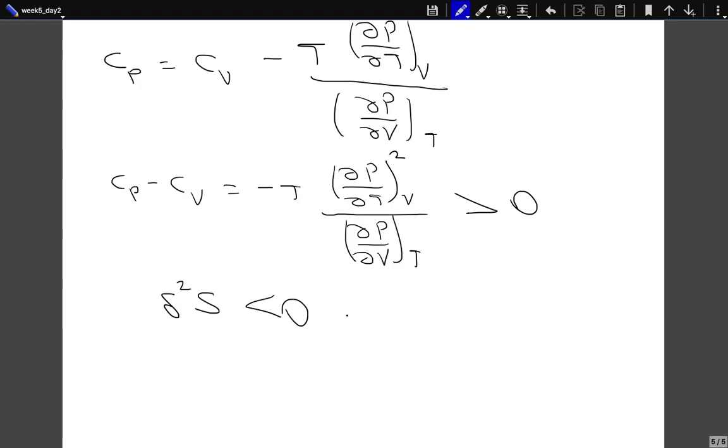This will already imply that dP by dV at constant temperature should be less than 0. You can write the pressure as a derivative of the entropy. So this dP by dV will be related to the second derivative of entropy. This was another way to show it.